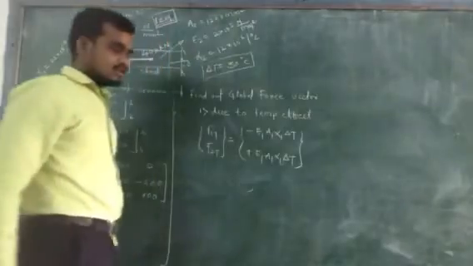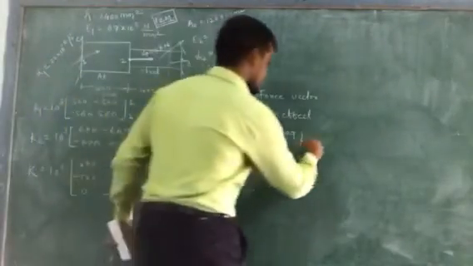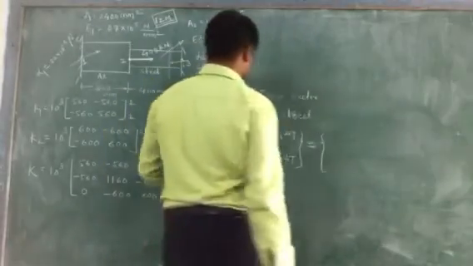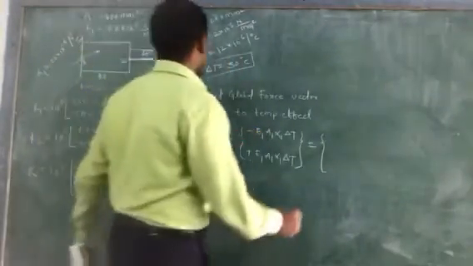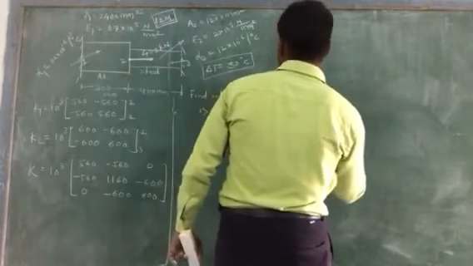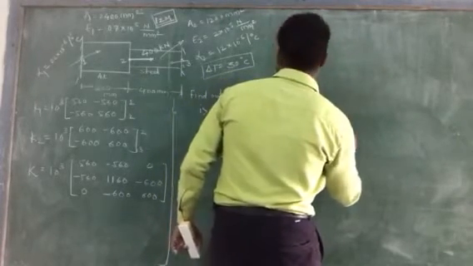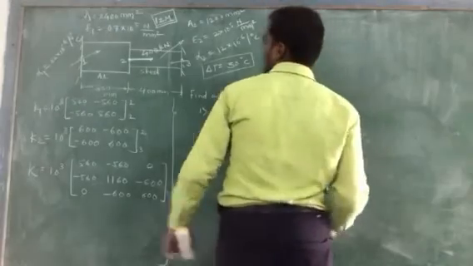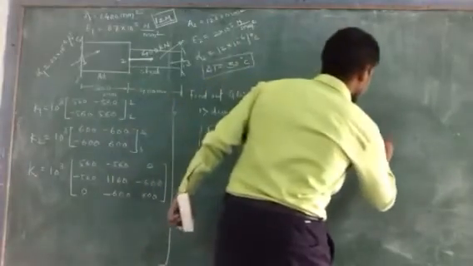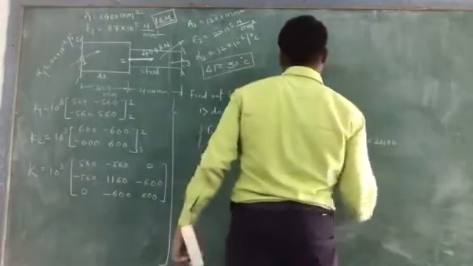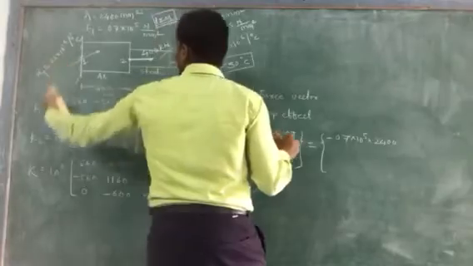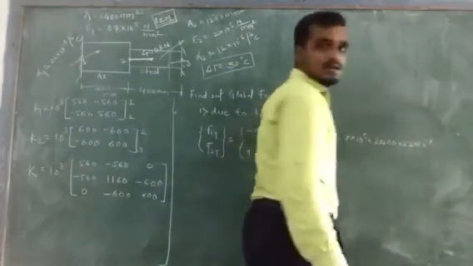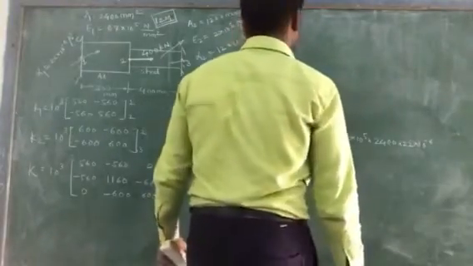Okay, so you will get the values as minus, now E1 is equal to 0.7 into 10 raised to power 5 into A1, A1 is 2400 into alpha 1, alpha 1 is 22 into 10 raised to power minus 6 into delta t.